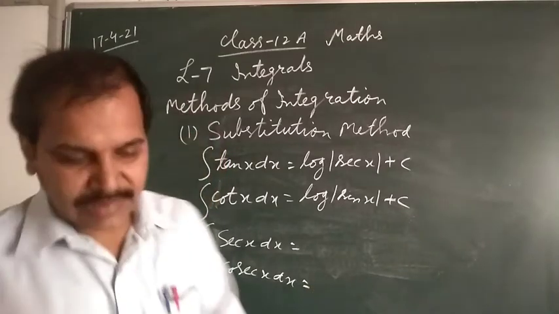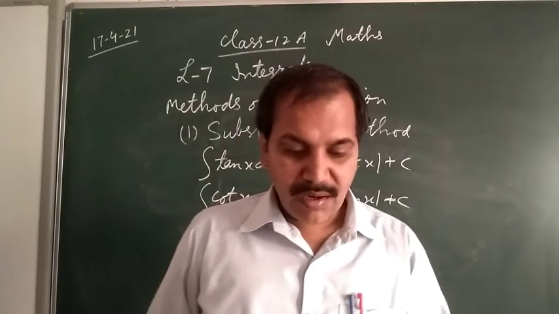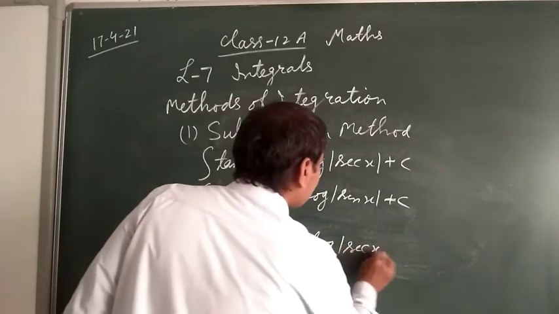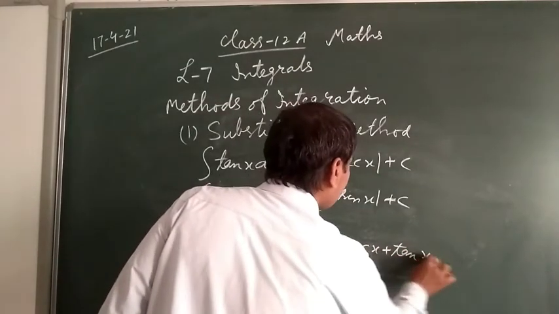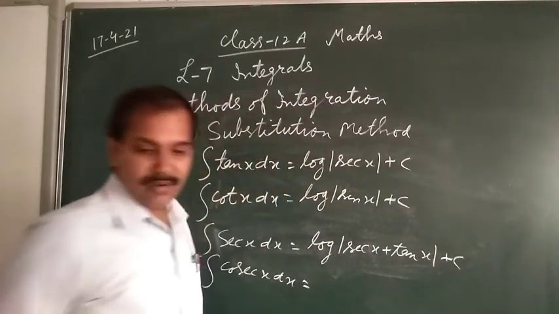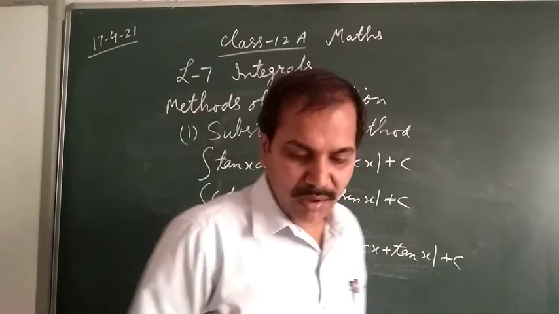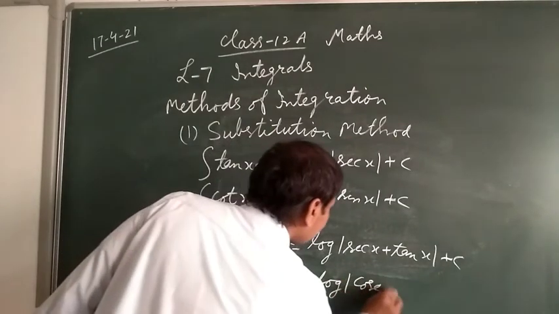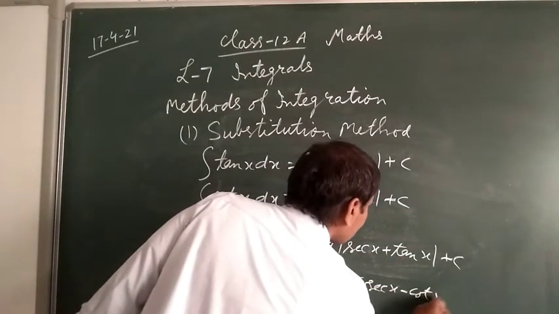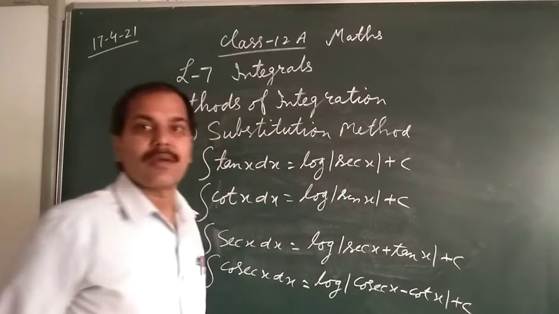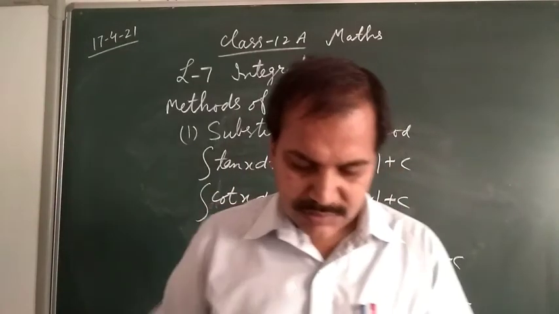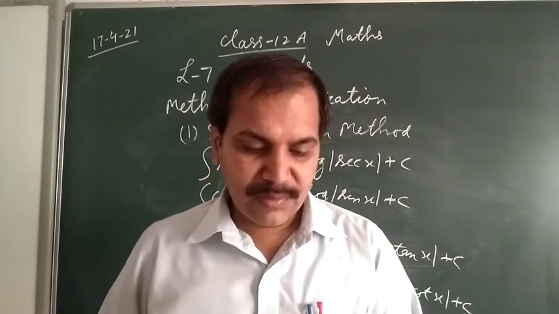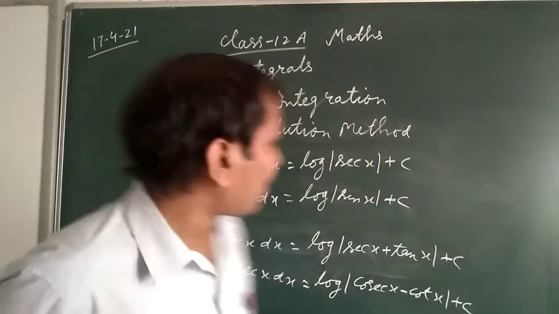For sec x dx, the formula is log mod sec x plus tan x plus c, and for cosec x, log mod cosec x minus cot x plus c. Clear? So first you have to learn these formulas, and their proofs are also given.